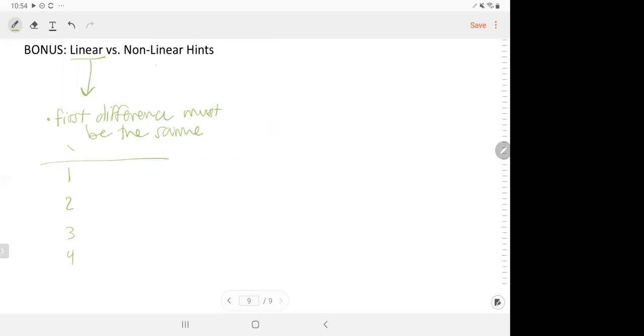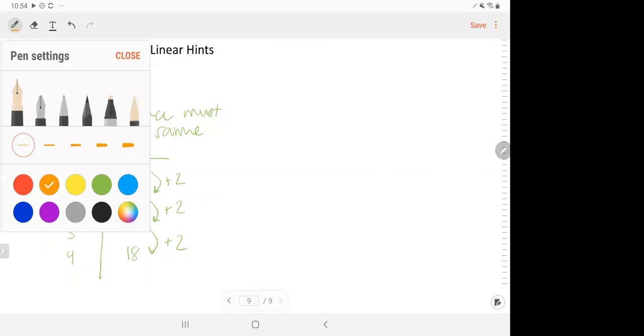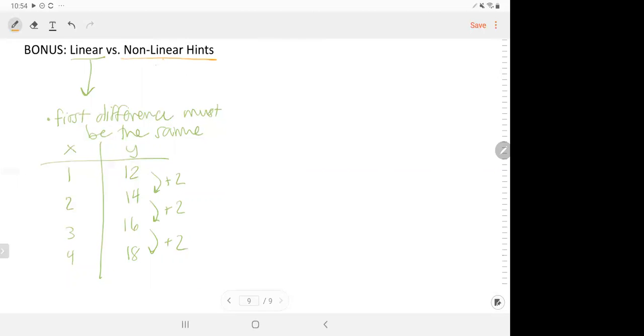This is my x and this is my y. And if I have 12, 14, 16, 18, you can see that I'm making these numbers because my first difference is the same thing every single time. I'm just adding 2 every single time. If we have something that is nonlinear, we know it's nonlinear if it doesn't have this constant first difference.